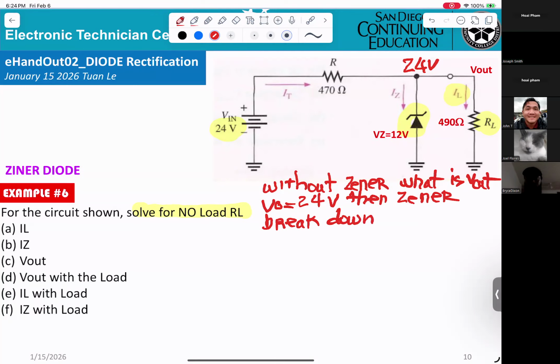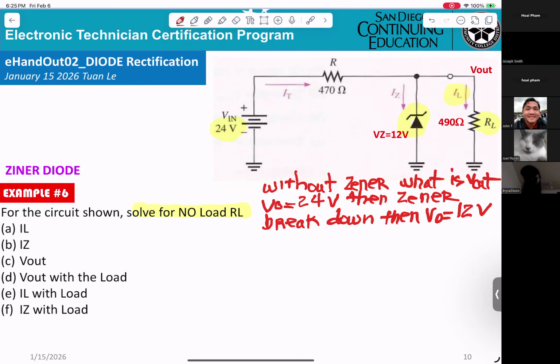Okay, that will be telling you V out is 12 volt. So now V out equals 12 volt.